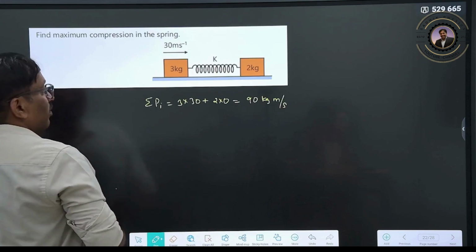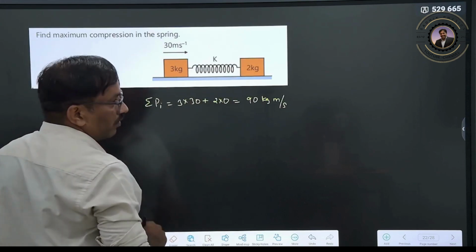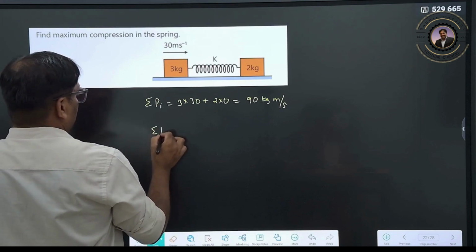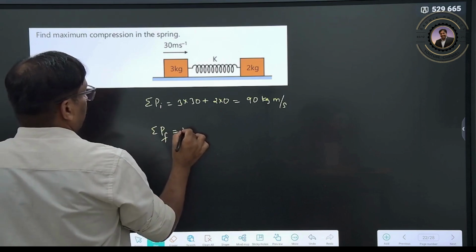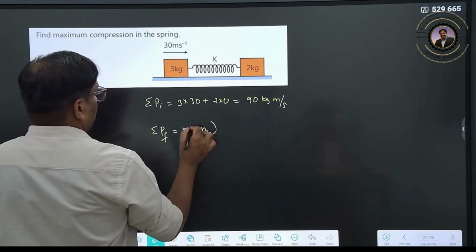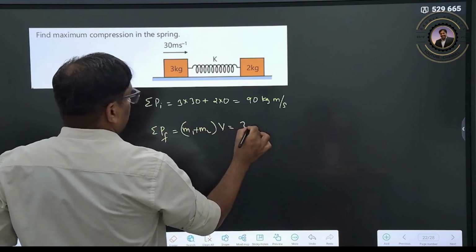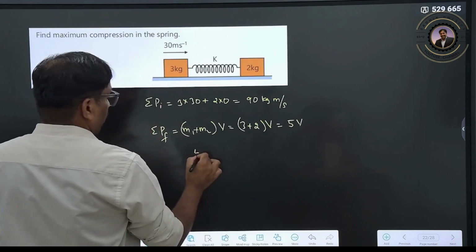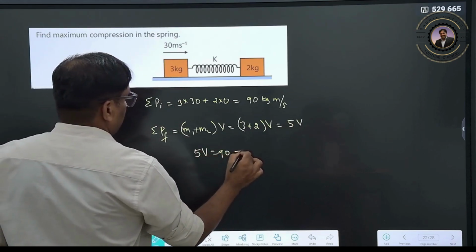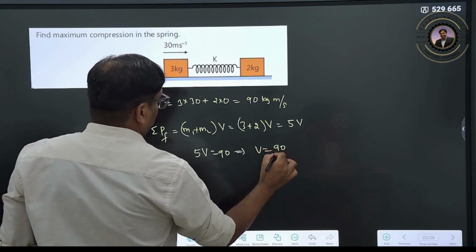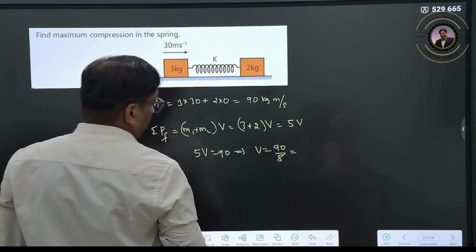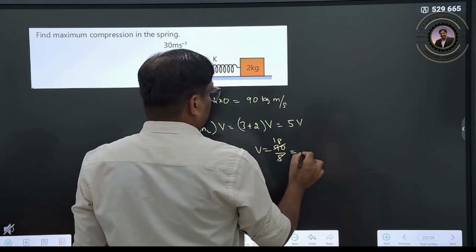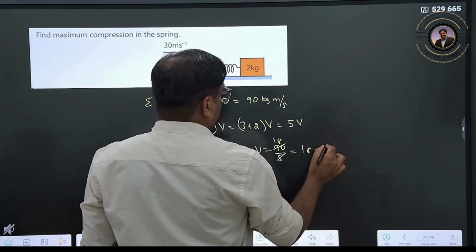Final momentum, when both are going with the same speed, is m1 plus m2 into common velocity. How much? 3 plus 2 into v, that means 5v. So 5v is equal to 90, that implies v is equal to 90 by 5, which is 18 meters per second.